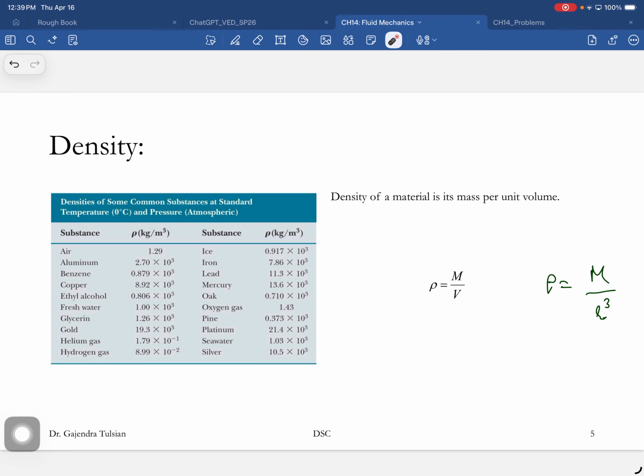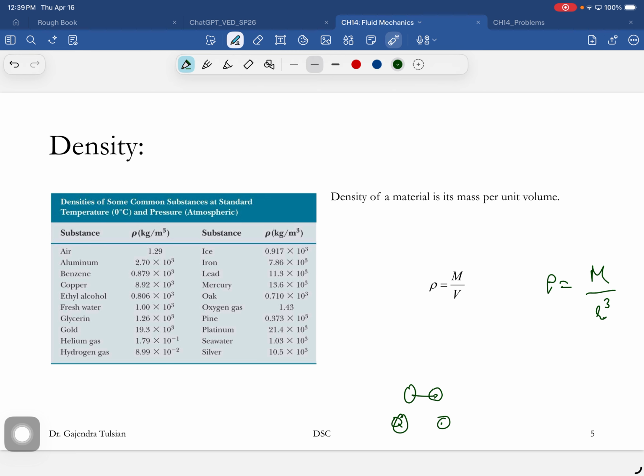So if the distance between atoms in a solid is that much, in a liquid it's twice as large. And since the density of air is 1,000 times less than that of a liquid, the length distance would increase by a factor of 10. 10 cubed is 1,000.